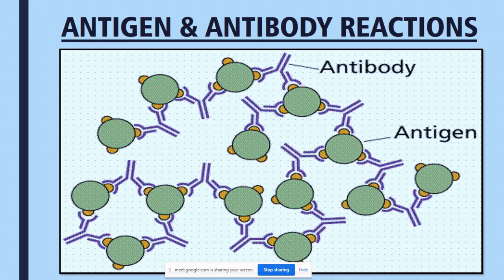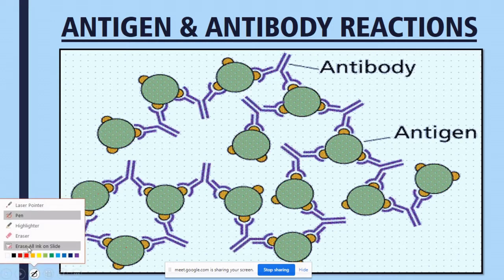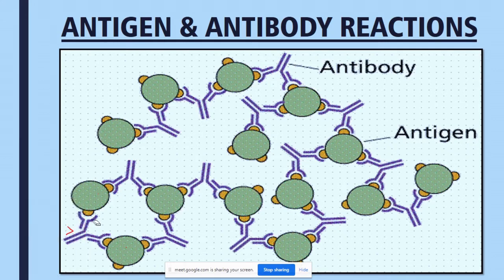This word is important. Lattice. The antigen antibody reactions which we are going to deal with in this chapter will all talk about the magical phenomenon of this antigen antibody reaction that tells us about lattice formation and its applications.